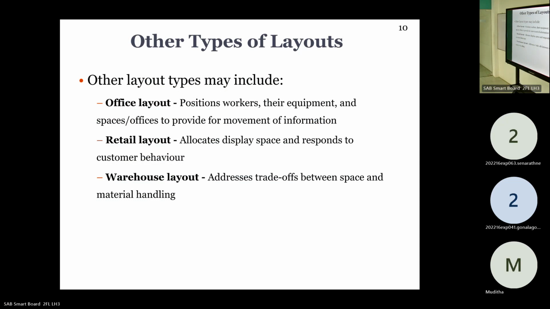You know the meaning of offices, right? The workers and the office staff are working for 8+ hours per day and then 5+ days per week. That arrangement, the physical resource arrangement for offices should have unique characteristics. So such we call office layout. So we have to allocate seating areas, and then the supervisors where they should be, and the other stationery and other stuff we have to locate.